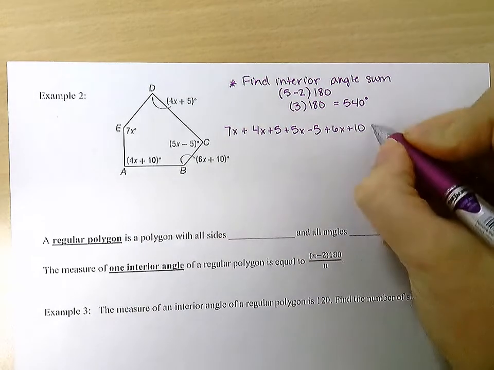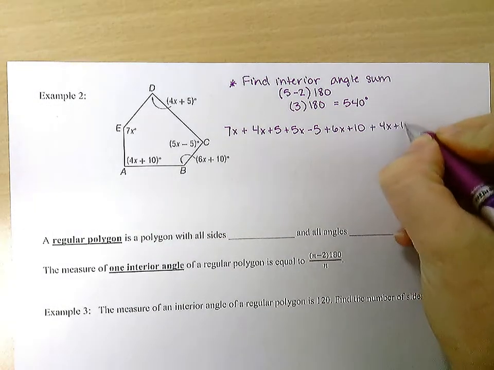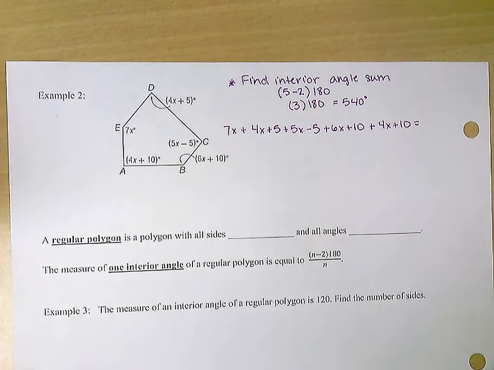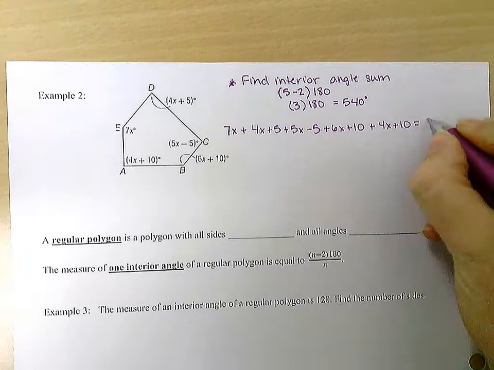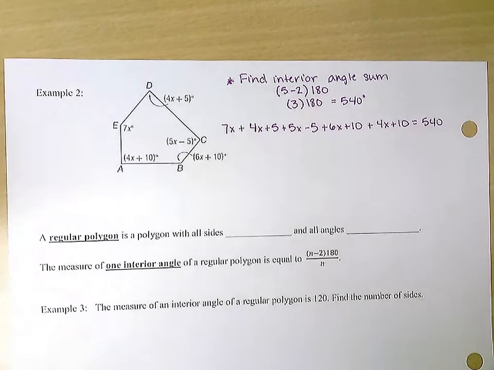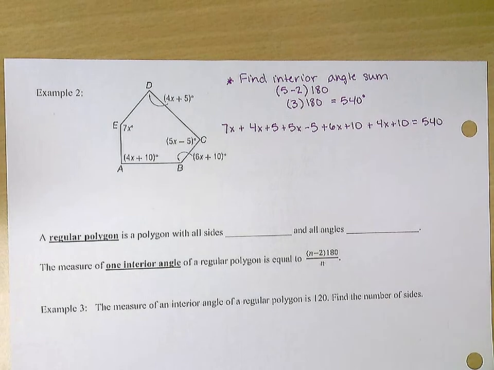And angle A is 4x plus 10. All of those added together have to be your interior angle sum of 540. So first step is to find that interior angle sum and then add them all up to be that sum. Okay, so combine like terms on the left.